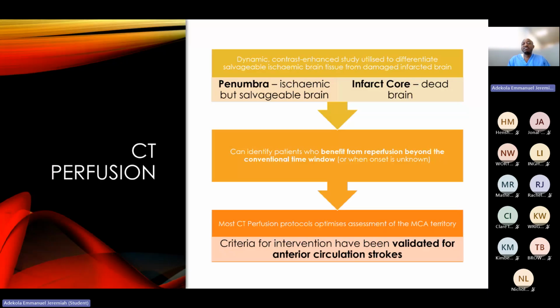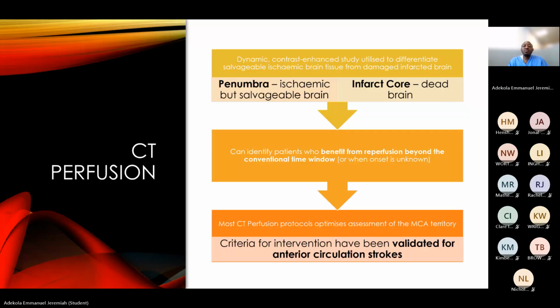While the core is the dead brain tissue, damaged, so we can't reverse the damage. So when we see stroke patients, the aim of our acute reperfusion therapy, either thrombolysis or thrombectomy, is salvaging the penumbra.